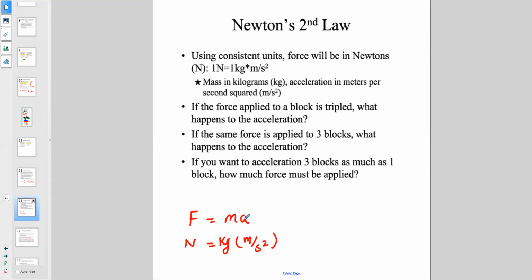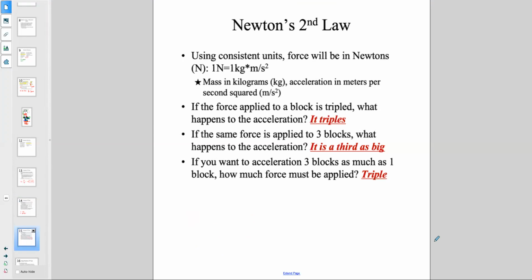So that 3 should be applied to A. If the same force is applied to 3 blocks, what happens to the acceleration? Think about it. Now you are applying the same force to 3 blocks. If you want the acceleration of 3 blocks to be as much as 1 block, how much force must be applied? So let's take a look.